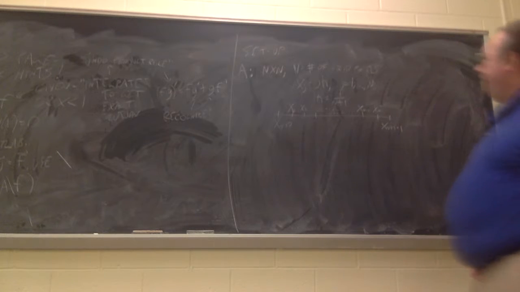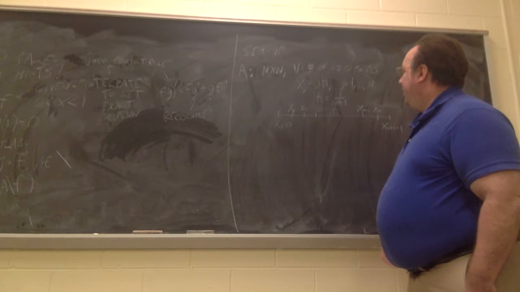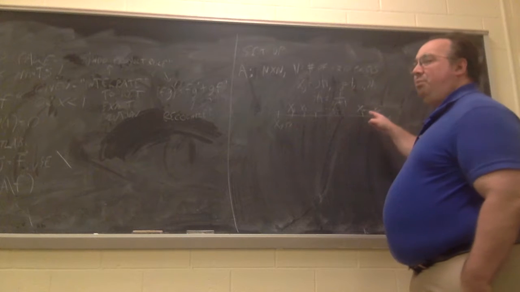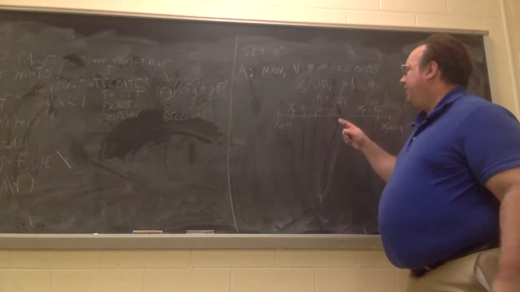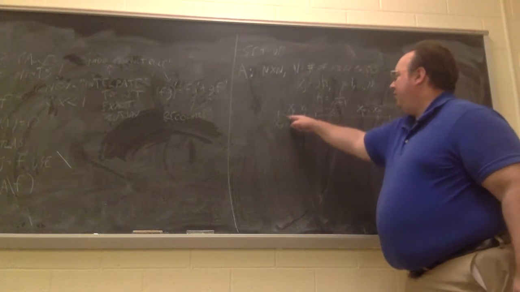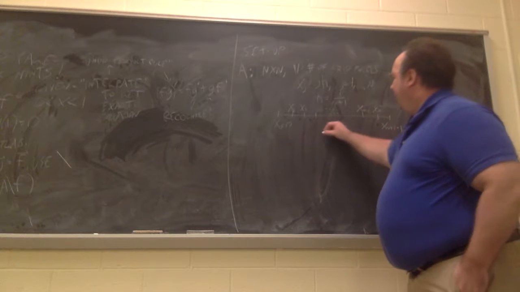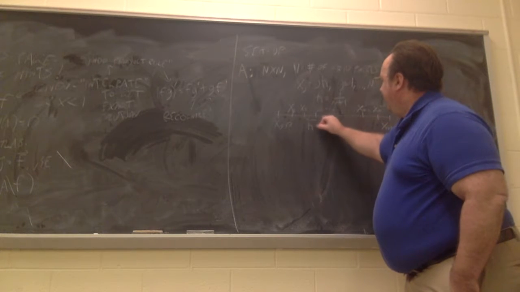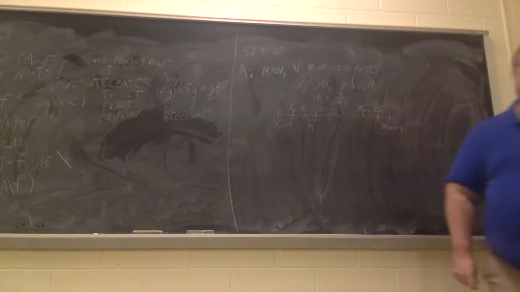Okay. So we have n points, but that divides up this interval from 0 to 1 into n plus 1 subintervals. So that's why you have h being 1 over n plus 1.